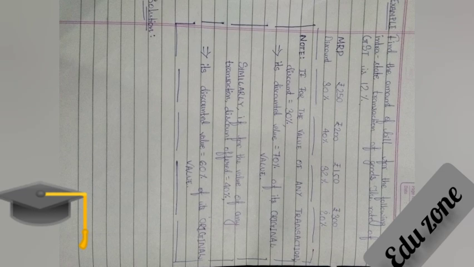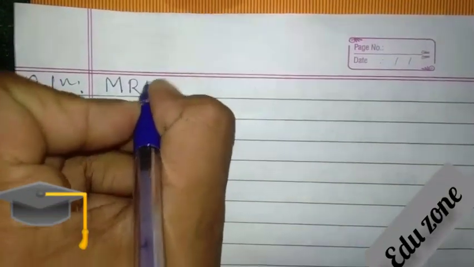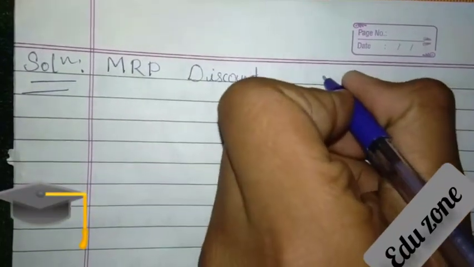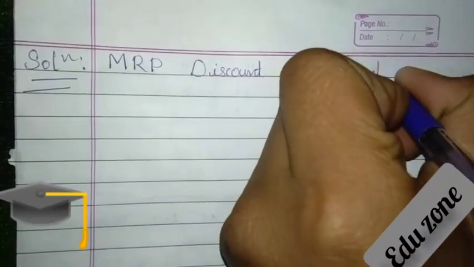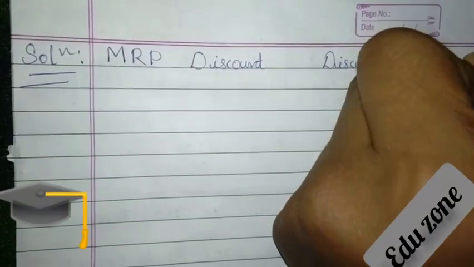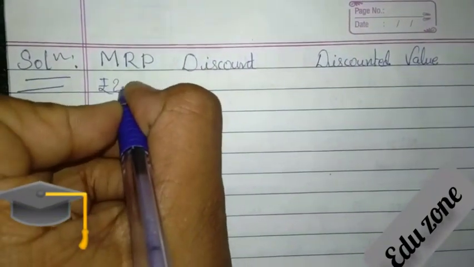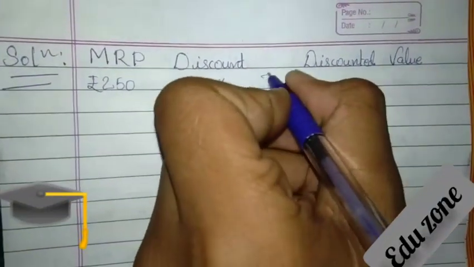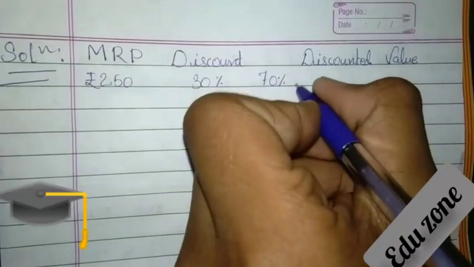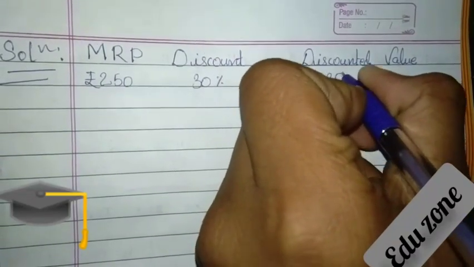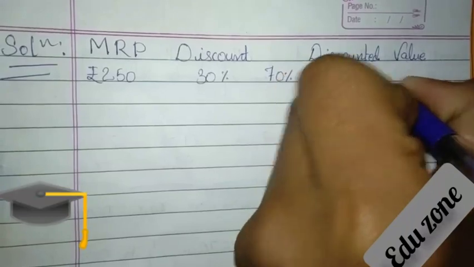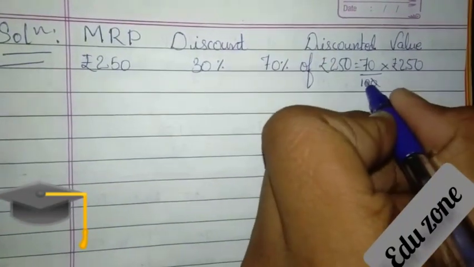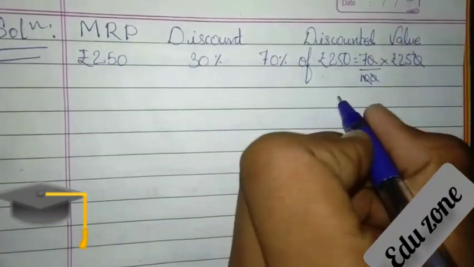Firstly, the solution. The MRP of the first one is rupees 250 and the discount is 30%. So what shall be the discounted value? The discounted value means MRP minus the discount, and the discount is 30%. Everything has a part of 100%, and then 100% is divided into 30, 10, 20, 40, 50, etc. So the 30% is a part of 100%.